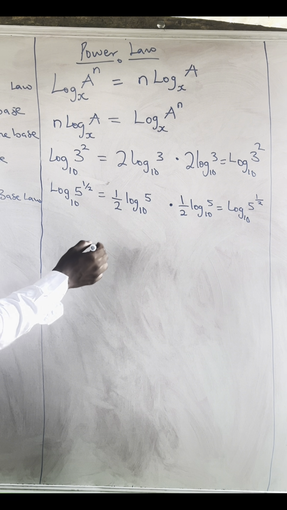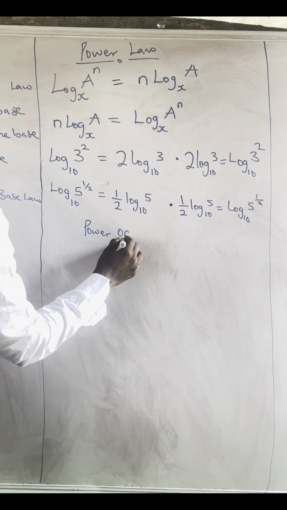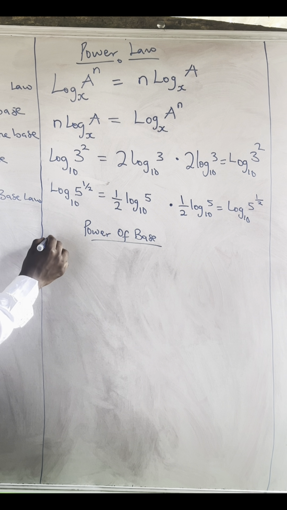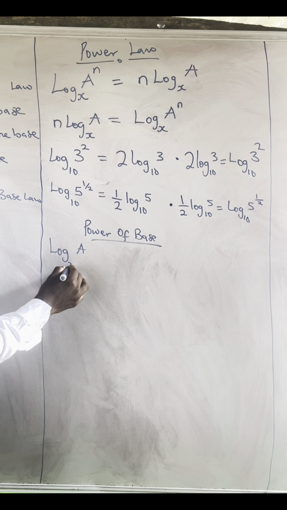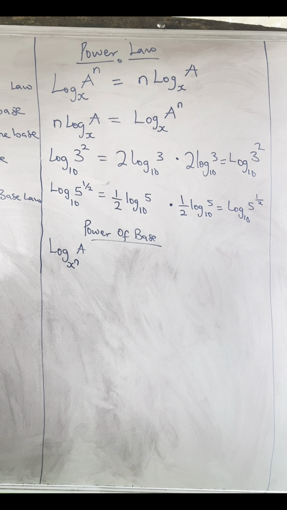Now let's look at the power of the base. Let's say we have something like log a base x raised to the power n. You are going to see that in this expression, it is not the number that has the power, it is the base.